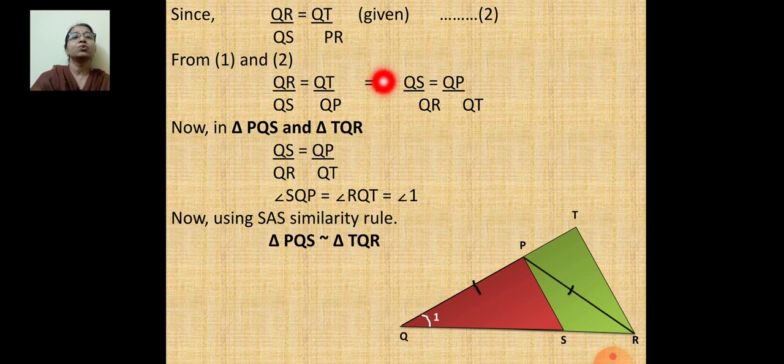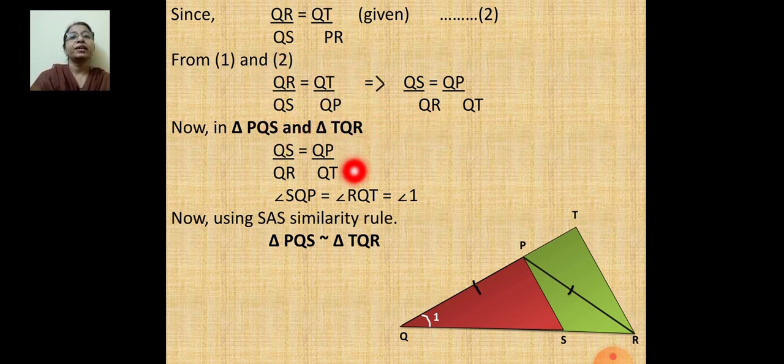So you will get QS upon QR is equal to QP upon QT. Why are we doing this? Because the smaller triangle is taken first and then the bigger one. So the sides of the smaller triangle should come in the numerator. So that is why I have taken the inverse of this ratio.